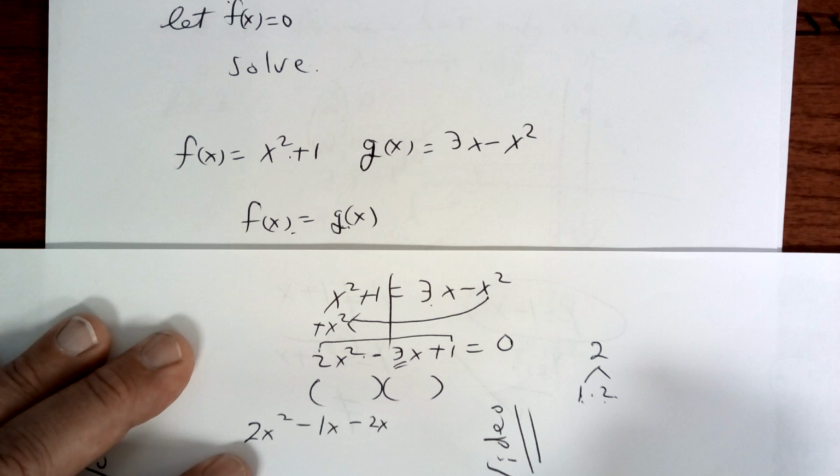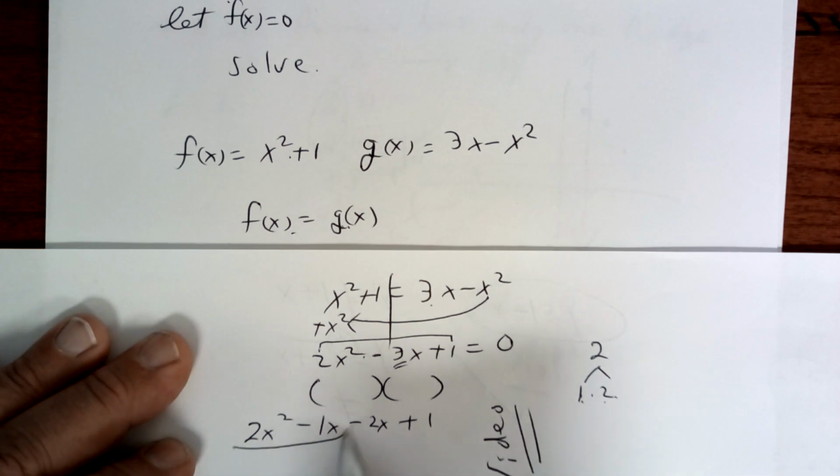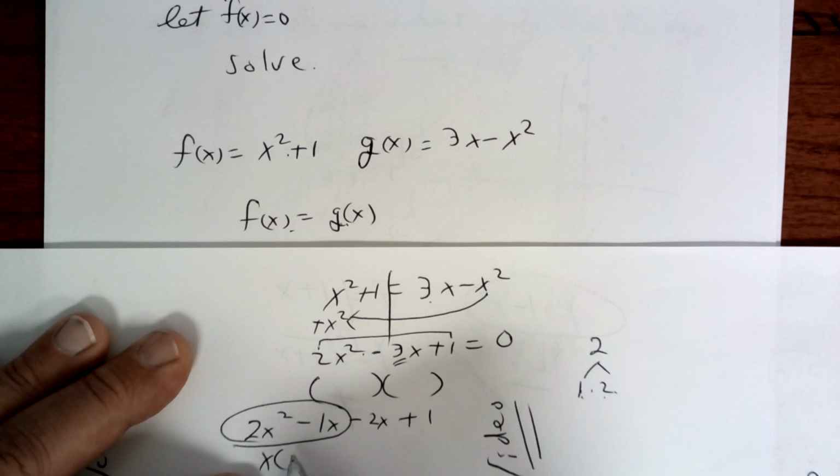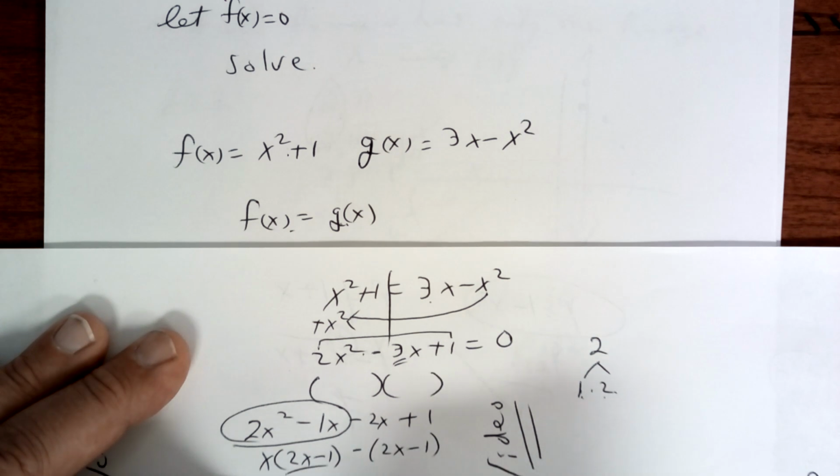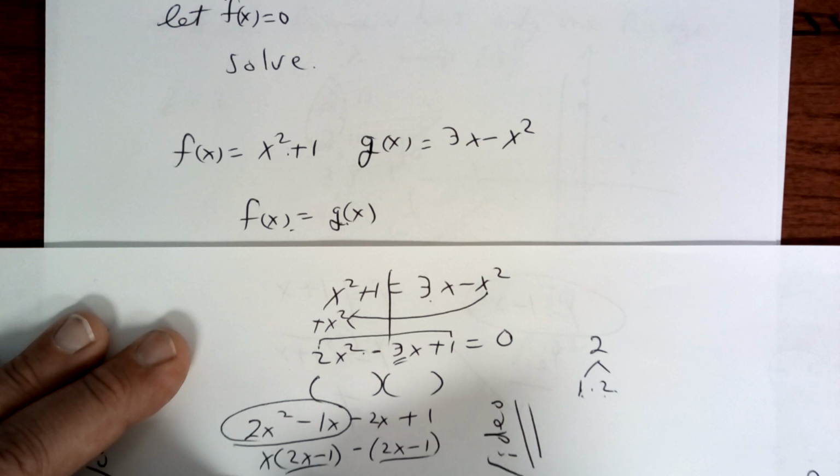And this right here is actually going to be group factoring, where you have to factor out an x, so that's going to be 2x minus 1. This one you're going to factor out a negative, so it's going to be 2x minus 1, and so you're going to factor out 2x minus 1 from both of these, and you're left with x minus 1.